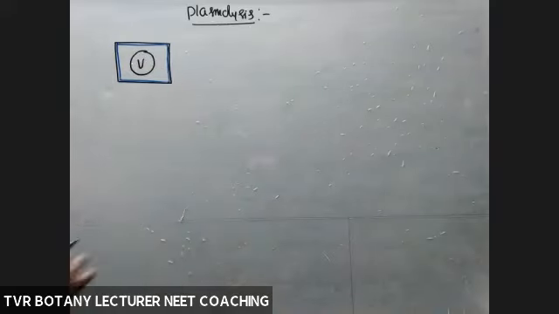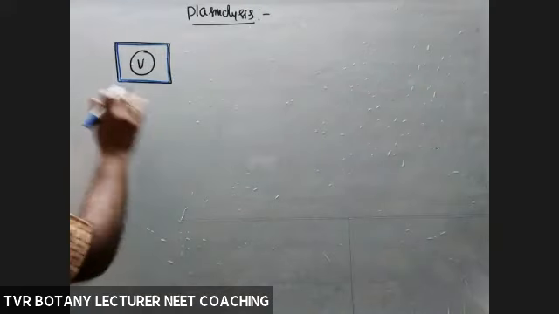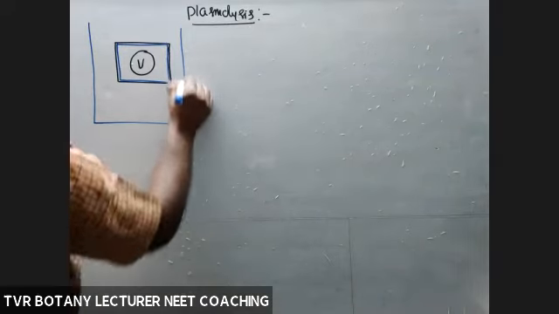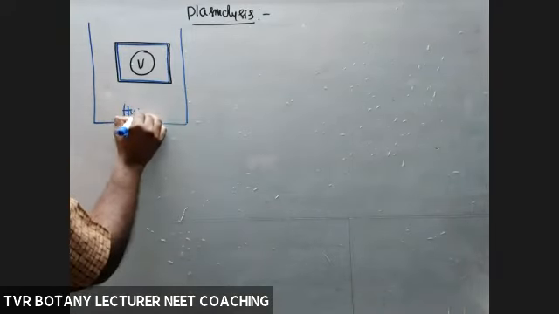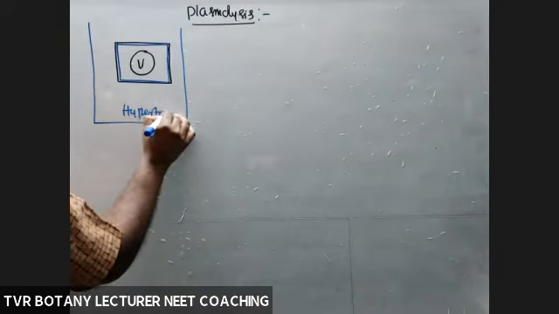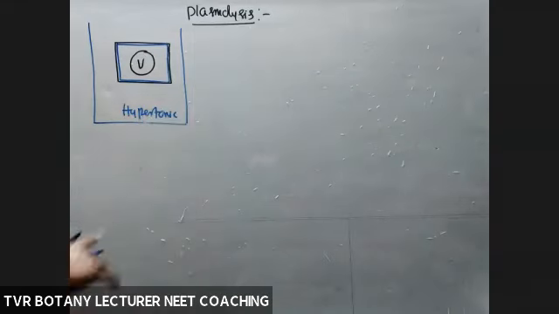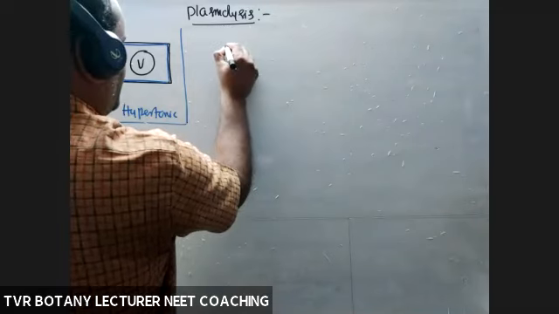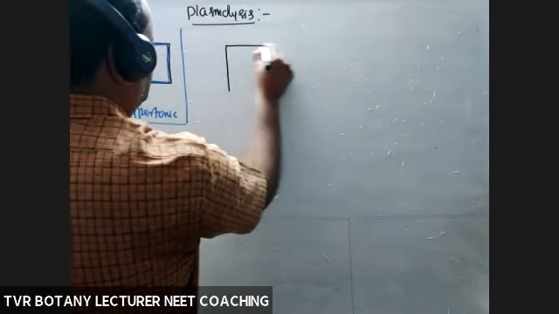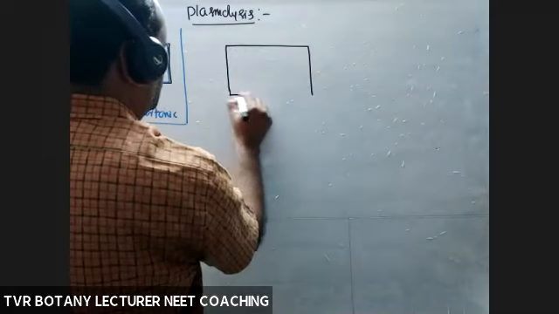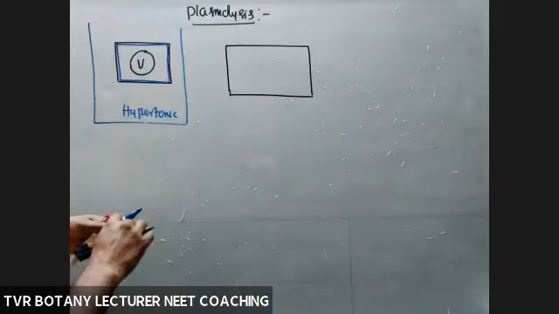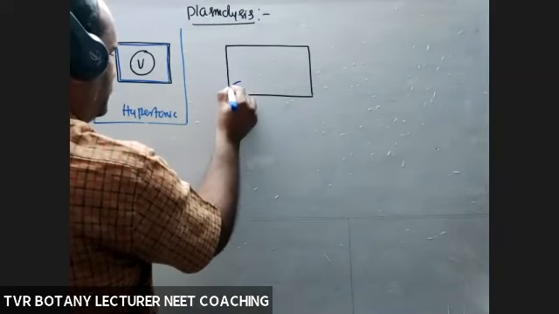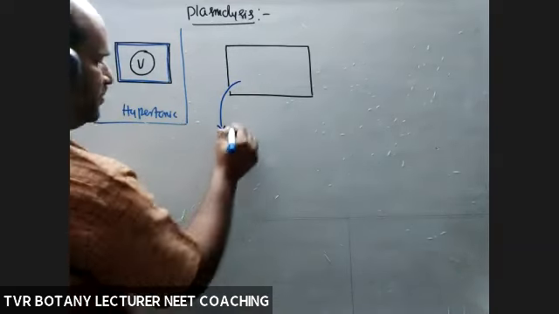Okay, so this one is dropped into hypertonic solution. So beaker with a hypertonic solution. Now, what are the steps one by one? Okay, so initially, what about the direction of movement of water? From where to where? Okay, cell wall. So water is from cytoplasm into hypertonic solution.